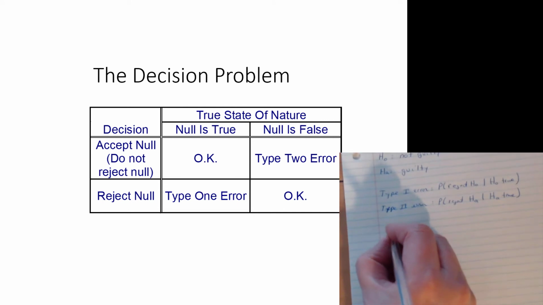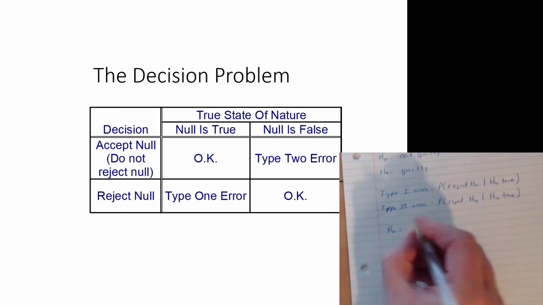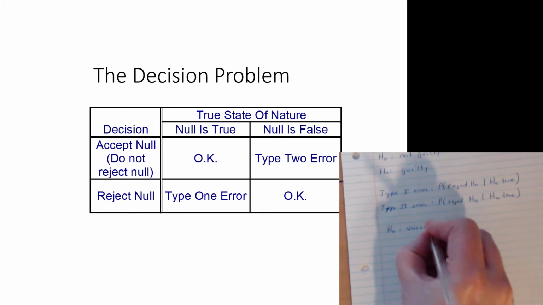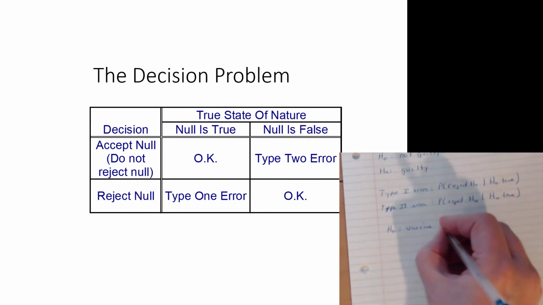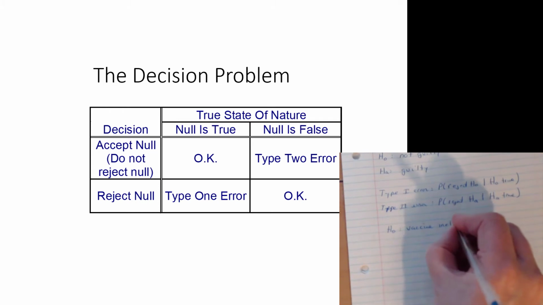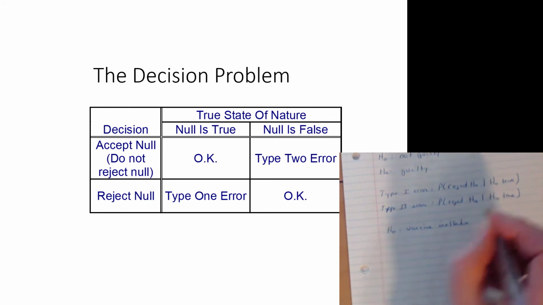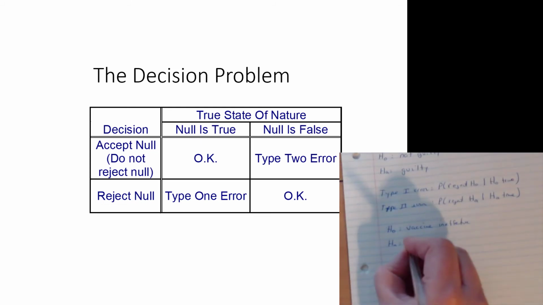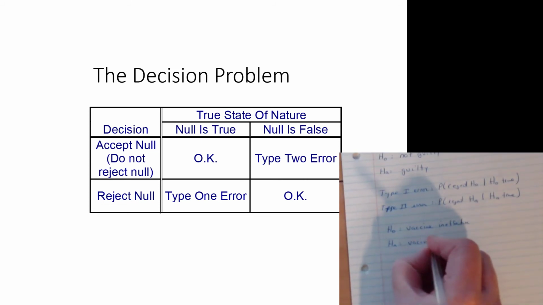Let's go with H naught: we have a vaccine, very topical. The vaccine is ineffective. That's just not controversial. That's the way we approach the scientific hypothesis: we assume that a particular vaccine does not work unless we can establish that the vaccine is effective.